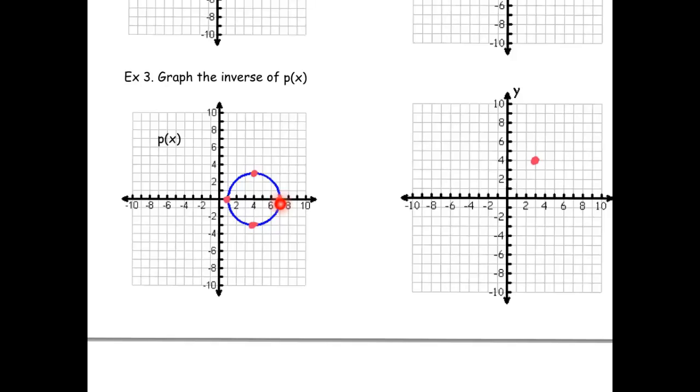And now with the point 7, 0, I would get 0, 7. And then 4, -3 would get me -3, 4. And 1, 0 gets me 0, 1. And there's our new circle.